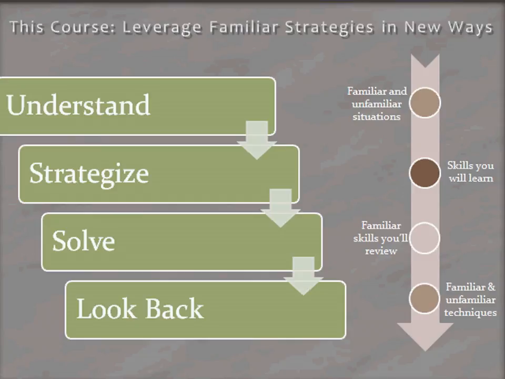For strategizing, these are the core skills that you'll learn in this course. You probably already know a number of strategies for attacking problems, but in this course we'll define those strategies and help you to learn to identify when to use them and practice using them when solving problems. In terms of solving, you already probably know almost all of the math that we'll review in this course. The main purpose is to think about how we can use this math to implement the strategies that we'll learn.